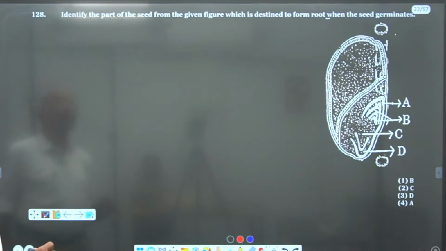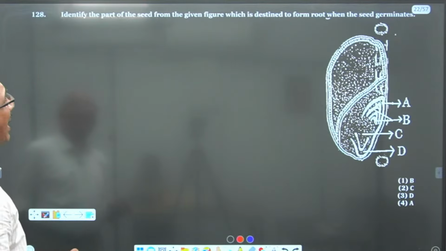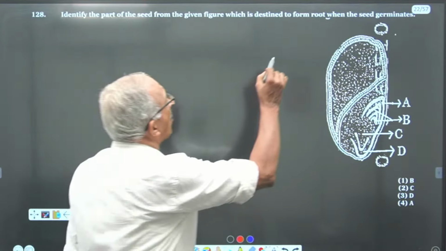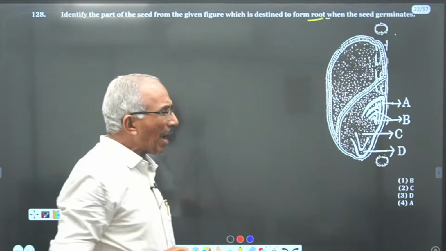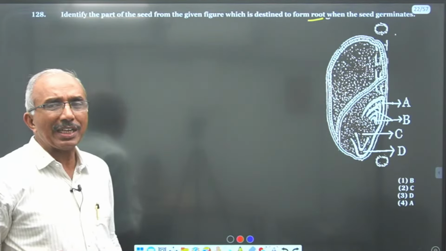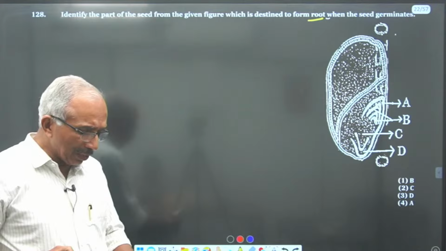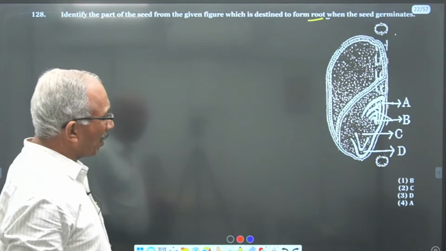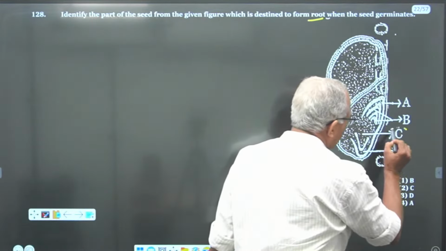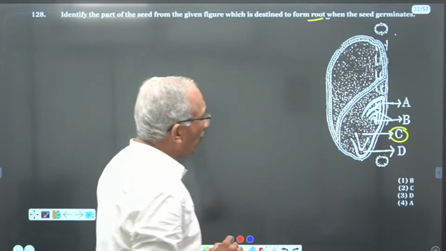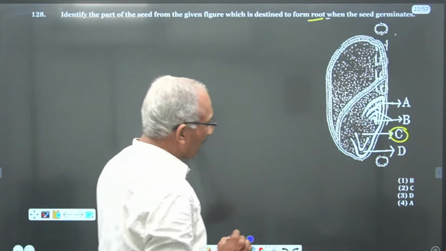Identify the part of seed that gives rise to the root. The part of the seed that forms the root is radicle. During germination of the seed, radicle develops into root. C is the part destined for development of a radicle.